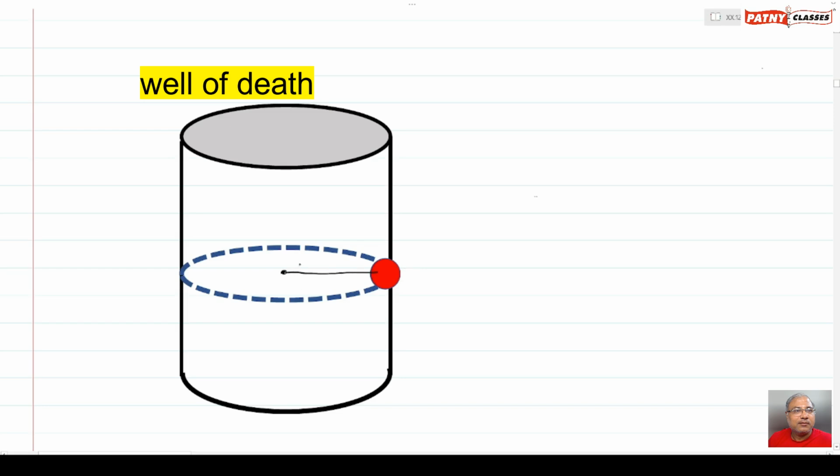So the normal reaction is toward the center of this circular path, and the weight of the system, rider and vehicle both together, is in the downward direction, and that is equal to mg, and normal reaction is N. And there is a force exactly opposite to the weight of the system, that is the force of static friction exactly in the upward direction. Let us say this force of static friction is Fs.